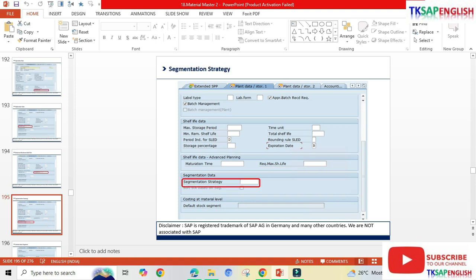So the next one, segmentation strategy. A strategy is a collection of business rules that defines which stock materials should satisfy which demand objects. This is done based on the mapping between the stock segment associated with a material in stock and the requirement segment associated with a demand object.